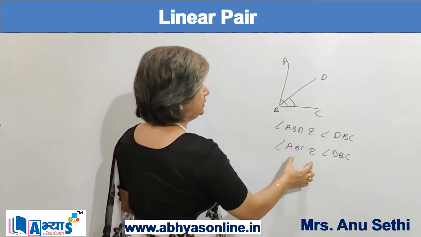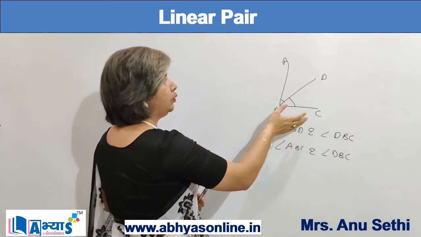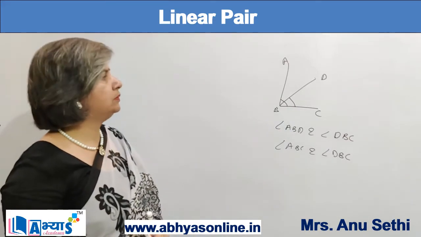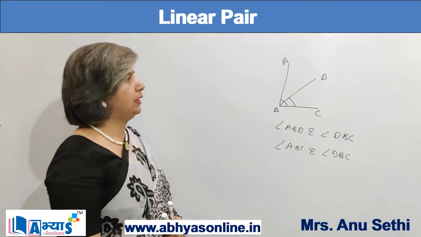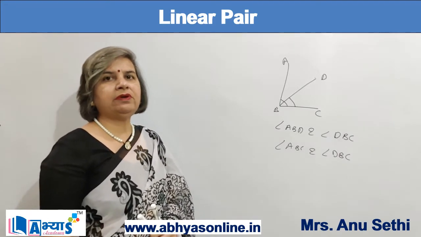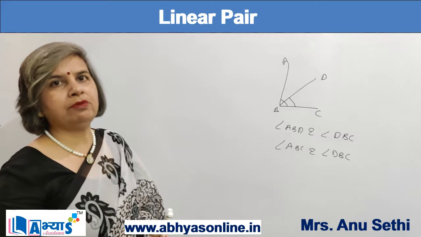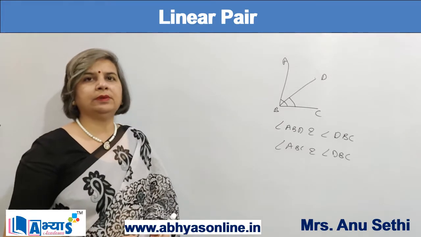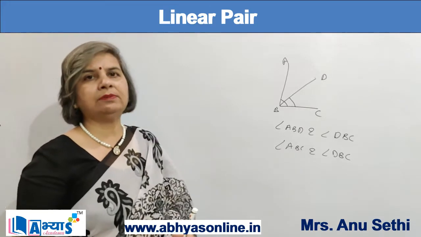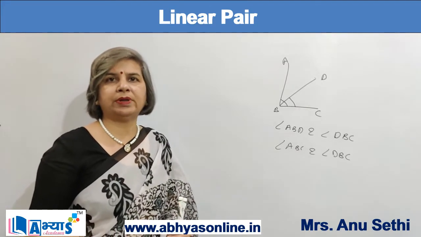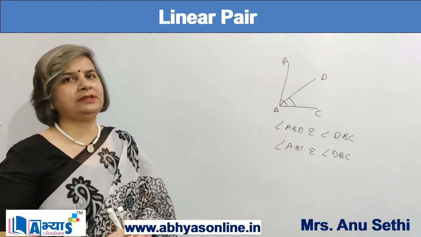The common arm here is BC and both the other arms, AB and BD, are on the same side of BC, so they are not adjacent angles. Whenever we have a pair of angles with a common vertex and a common arm, but the non-common arms are on opposite sides of the common arm, only then are the angles adjacent angles.